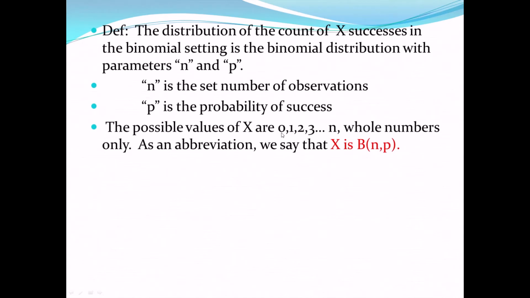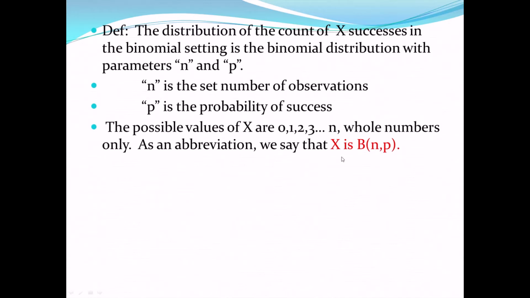Possible values of X are 0, 1, 2, 3, up to n. So for example, if it's 5 children and I'm interested in 2 girls out of 5, then n in that case would be 5. So these you can see are whole number values. And to abbreviate this, we can say X is capital B for binomial with parameters n and p.